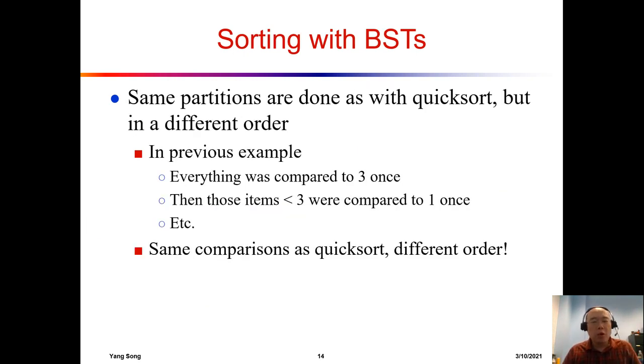So you will see the cost of binary search tree based sorting is very similar to quicksort. For quicksort, on the average case, we have n log n. And for the worst case, we have n square. That is exactly the same as binary search tree sorting.